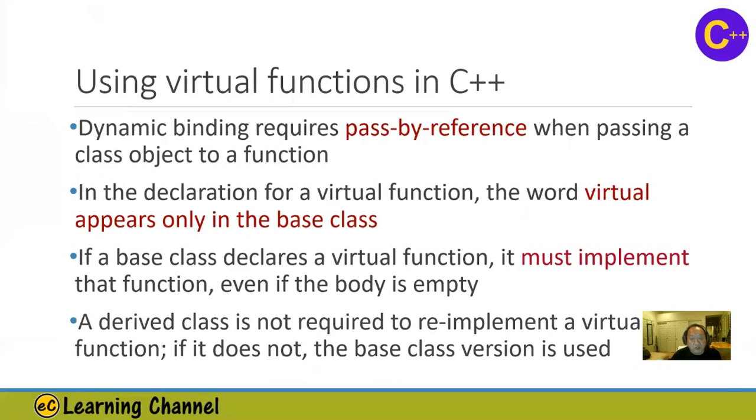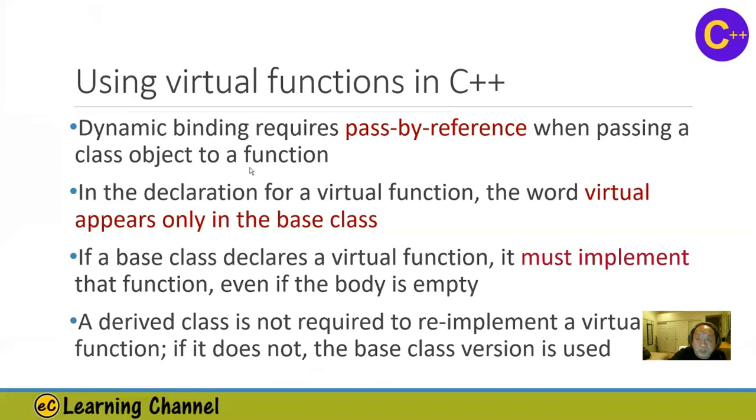Okay. So dynamic binding requires pass by reference when passing the class object to a function. So you need to have a polymorphic method. In the declaration of a virtual function, the word virtual only needs to be put at the base class, and anything under it will have that feature. Okay. If a base class declares a virtual function, it must implement that function. Okay.